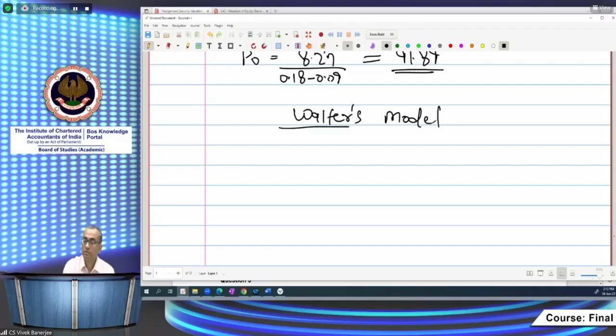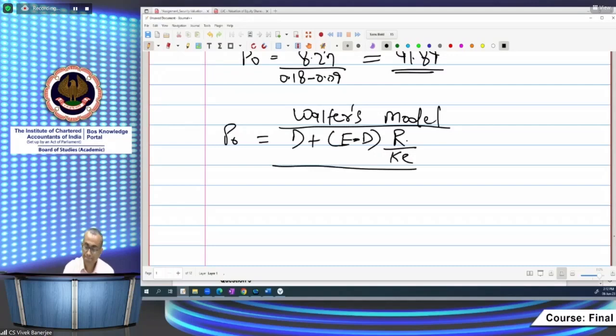So in Walter's model, the present value of shares is calculated by the simple formula: D plus (E minus D) multiplied by R upon KE, divided by KE.